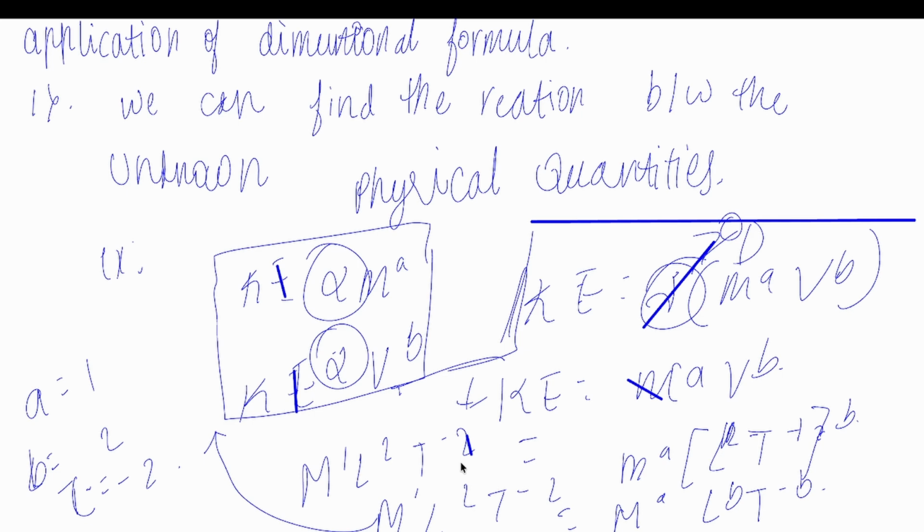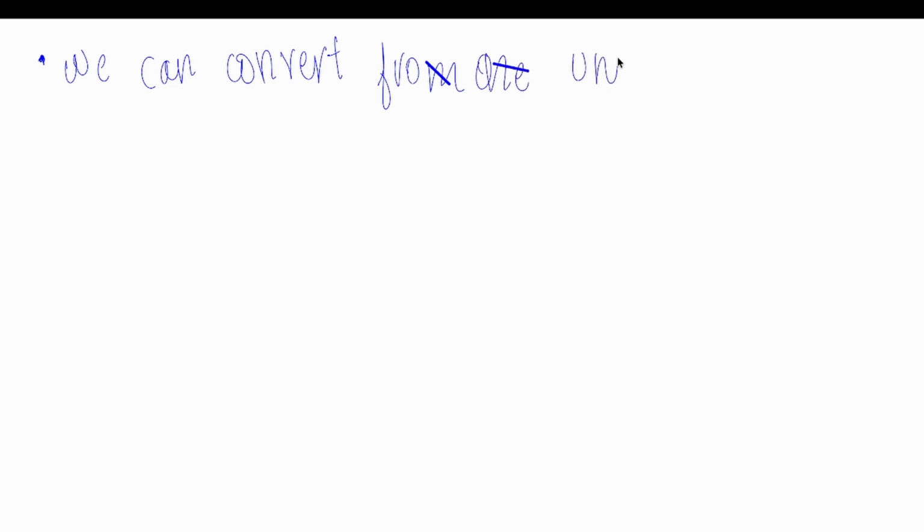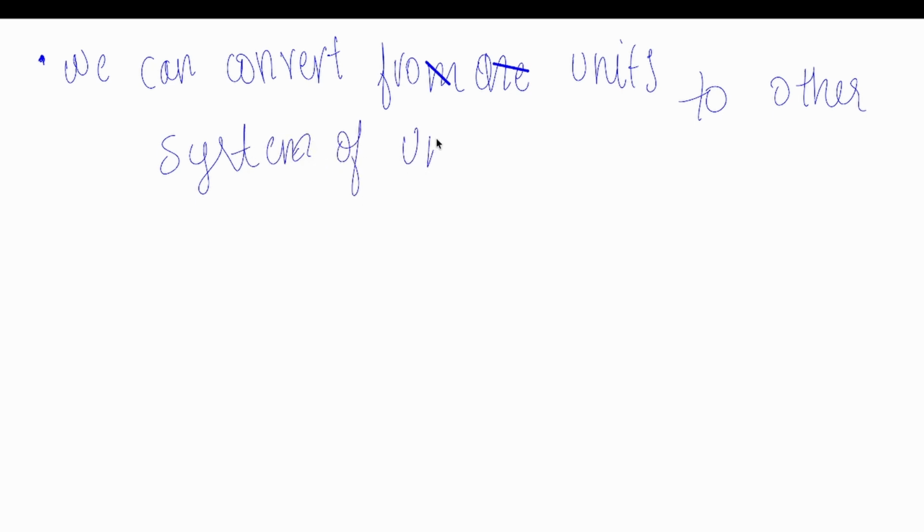Okay, moving on to the other application. The previous application was that we can find the relation between unknown physical quantities. The other application is that we can convert from one system of units to another system of units.